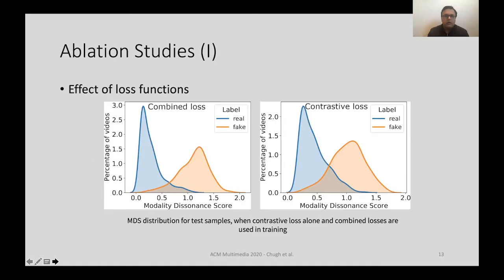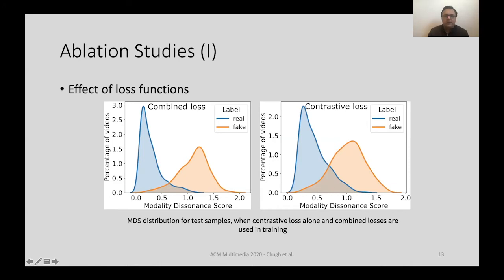So now, for deciding the optimum parameters of our network, we did the following evaluation study. The first is to look at the effect of the different loss functions. On the left here, I have a plot where the x-axis is the modality dissonance score, the overall score which we get for a video. And on the y-axis, we have the percentage of videos.